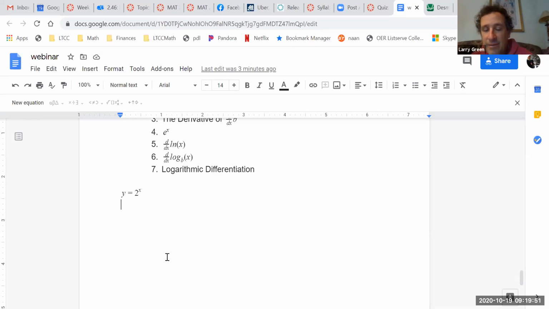Pi, for example, is a limit of rational numbers: you do 3, then 3.1, then 3.14, 3.141, 3.1415, et cetera, and you can take a limit, and that gives you pi. So given calculus, we can define this using limits. I'm not writing this all out because it's a little technical, but I wanted to say it so that now we understand this is a function that is defined on all real numbers, which is nice.